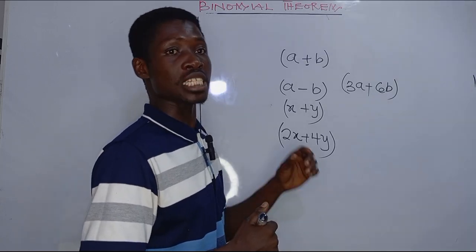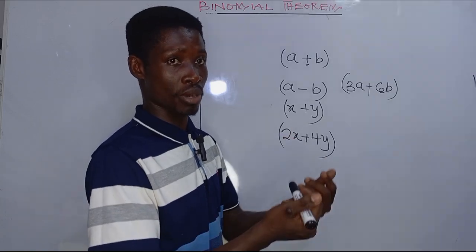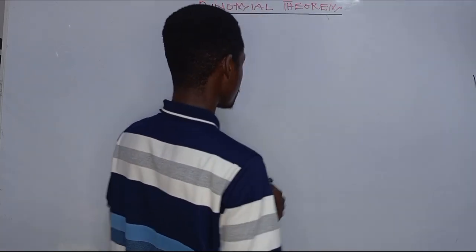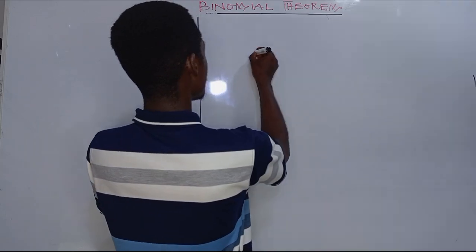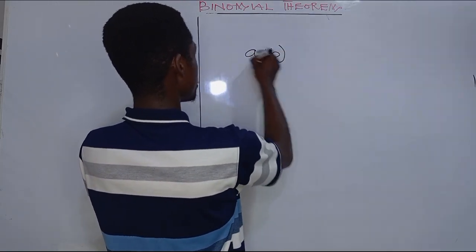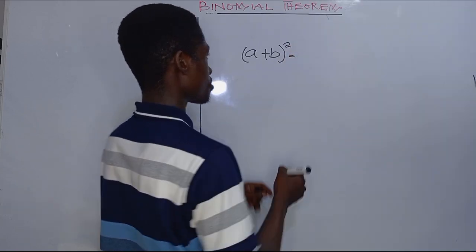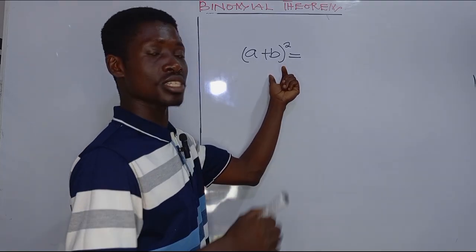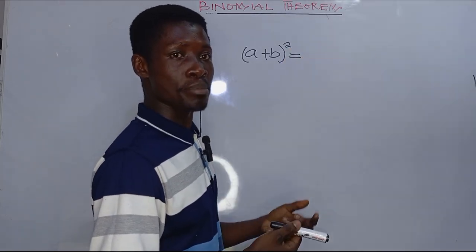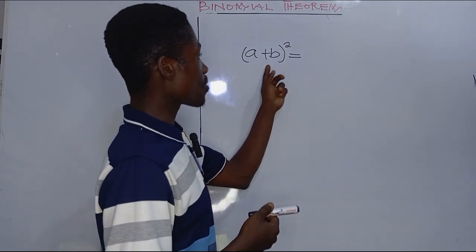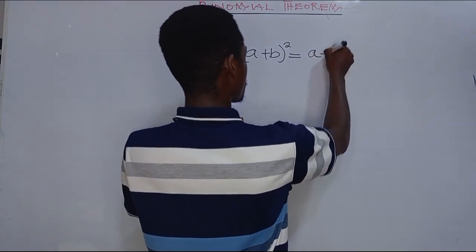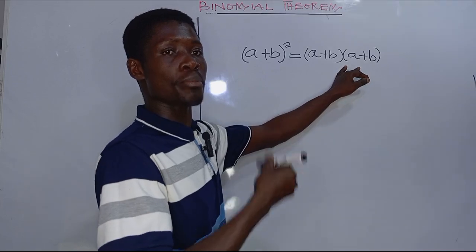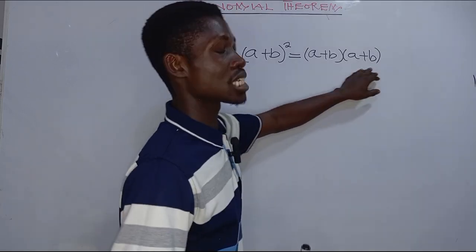Now, how do we expand a binomial expression to a certain power? So let's take it that you have the binomial expression a plus b raised to the power 2. How do we expand this binomial expression to the power 2? I believe that to expand this, we can rewrite it as a plus b times a plus b. After rewriting, we apply our distributive property to expand the bracket.